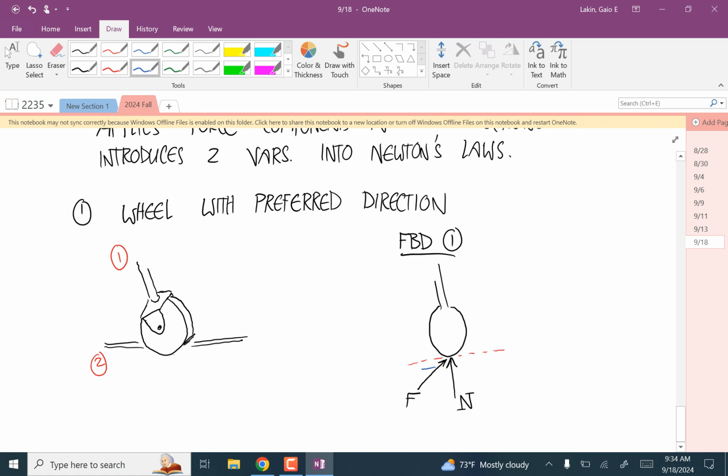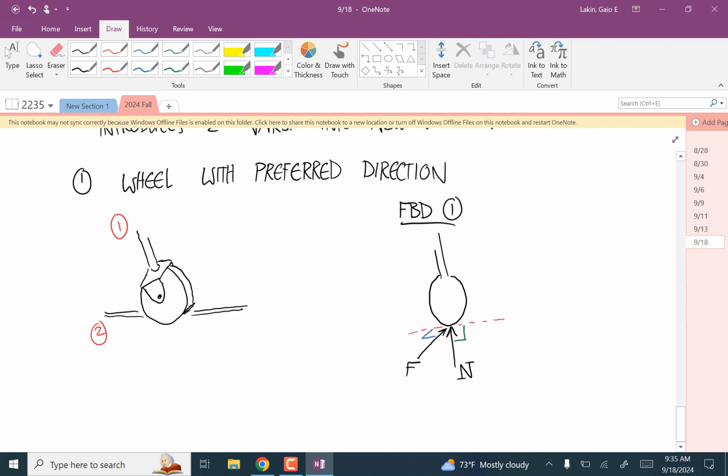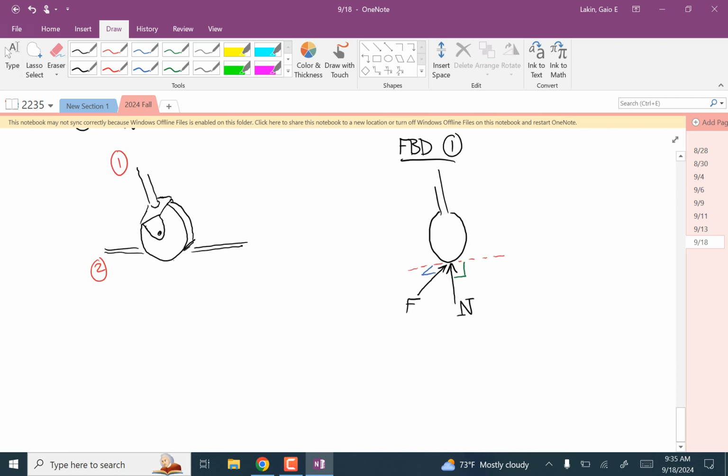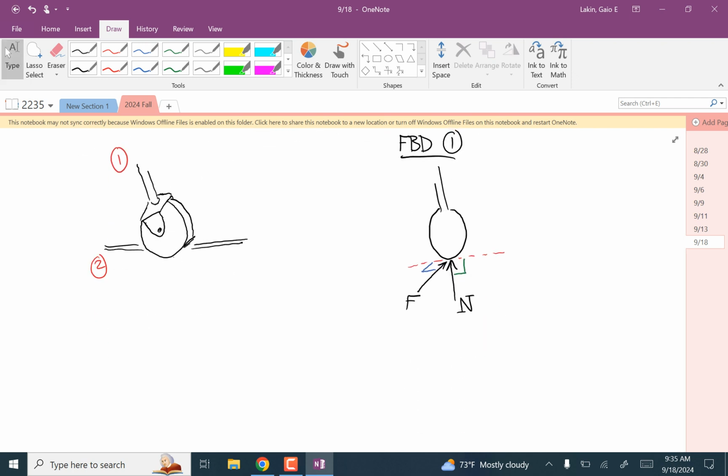So this is perpendicular and this is perpendicular. Okay? And these two are perpendicular to each other. Any questions about that one?